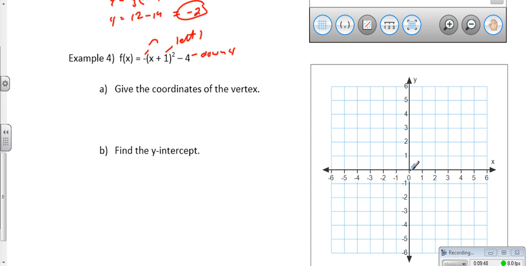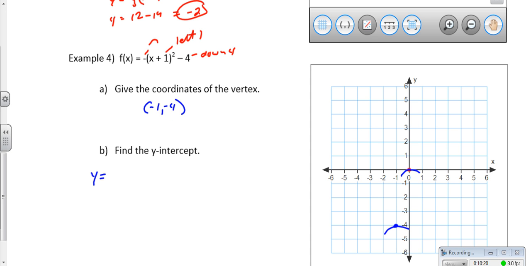So again, the parent function's vertex was at 0, 0, and now it's at left 1, down 4. This is the new vertex. Now the negative here says it opens downward, so it'll be something like this instead of right here. So the new vertex is -1, -4.